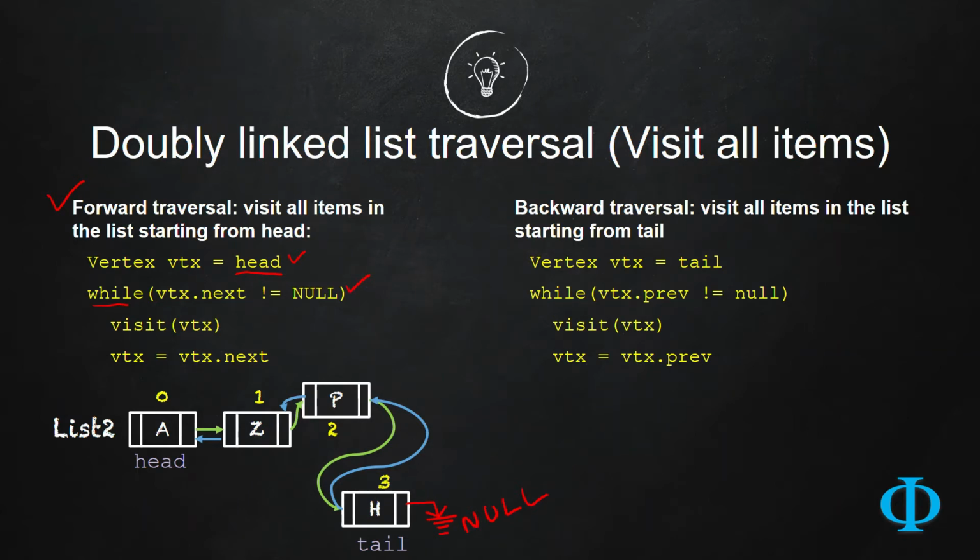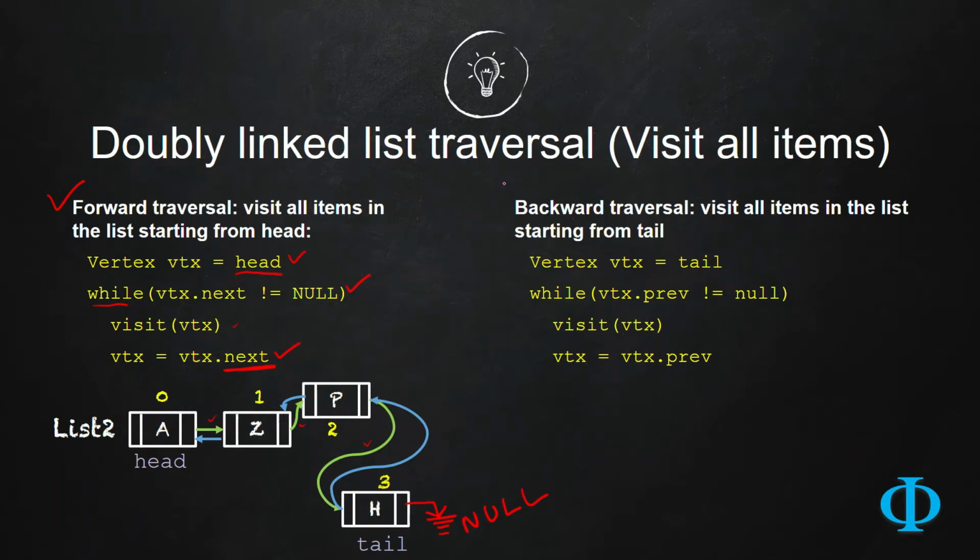And at the end of each iteration, after visiting each vertex, we moved forward by utilizing this next link, these green links in here. So in the doubly linked list, this is how you can traverse the entire list in forward direction and visit all the items.